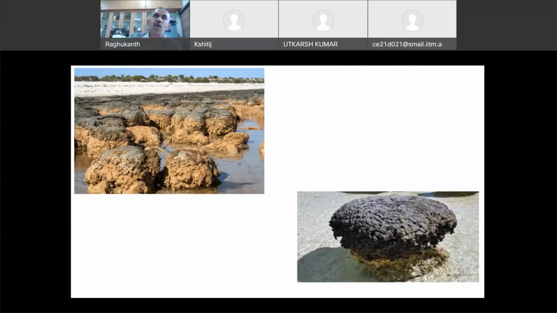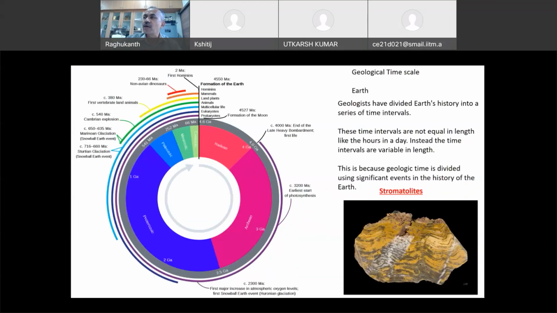You can see stromatolites in oceans now also, like a coral reef kind of thing. But of course, these are all very young. But one they found in Australia or some other place has an age of some 3.6 billion years or something like that. This is one of the oldest microbial things which started, they say, and led to all this life and other things. We also have evolved from this.